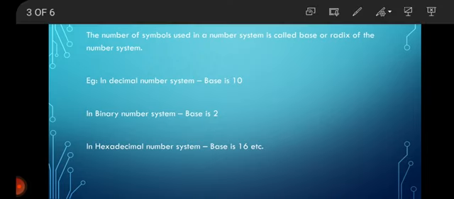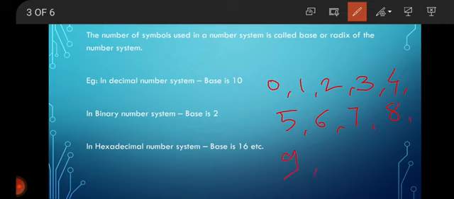So here, we know in the decimal number system we have 0, 1, 2, 3, 4, 5, 6, 7, 8, 9.